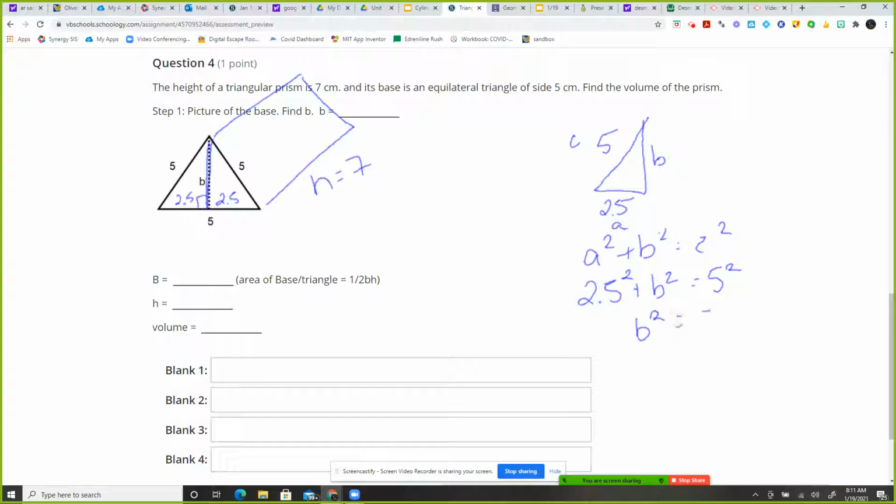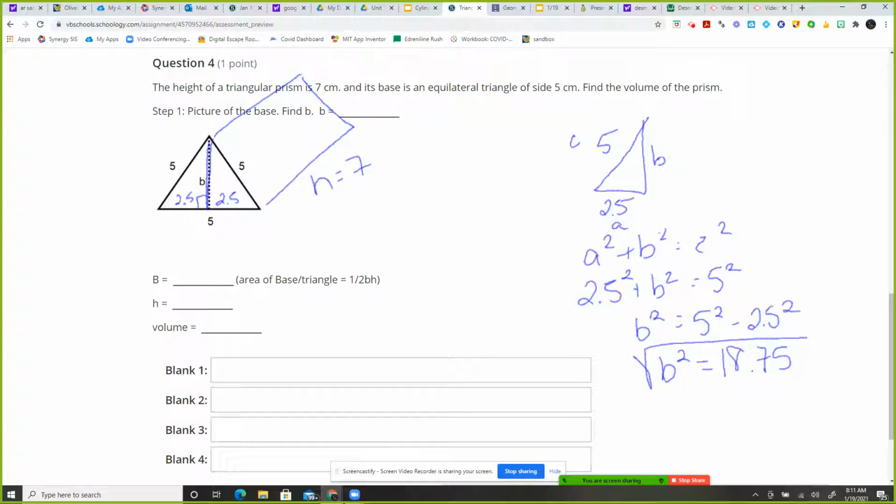So B squared equals 5 squared minus 2.5 squared. So what is 5 squared minus 2.5 squared? Should be a little bit less than 20. I got 18.75.